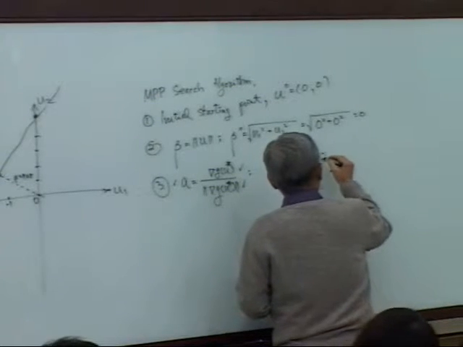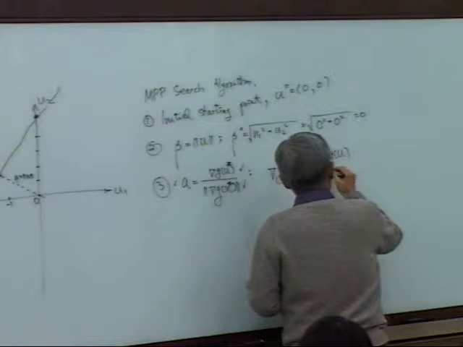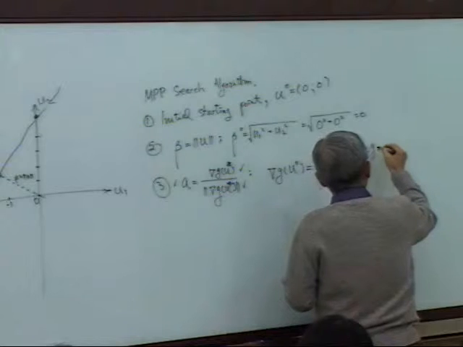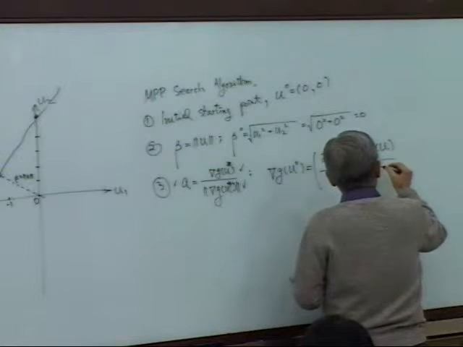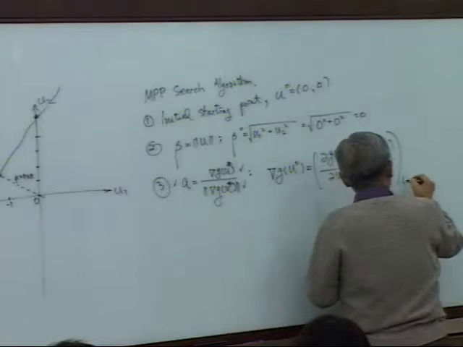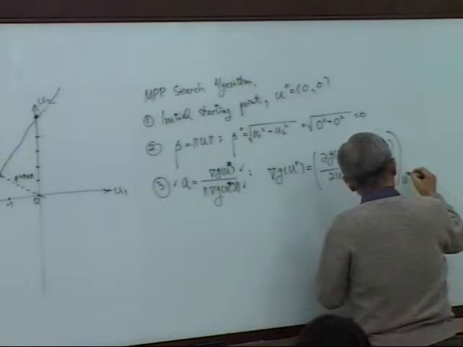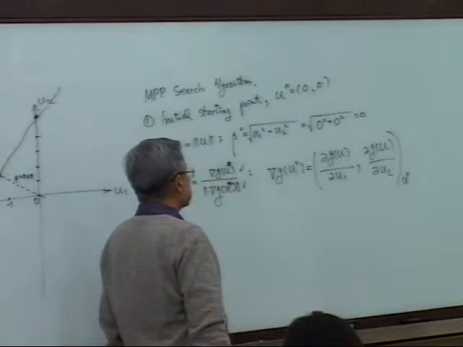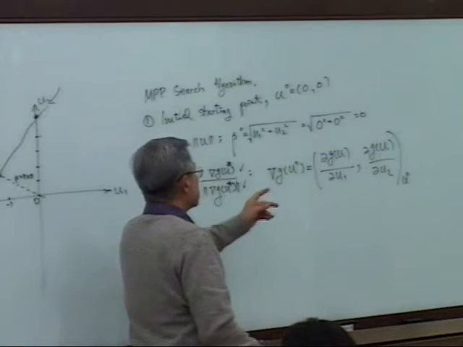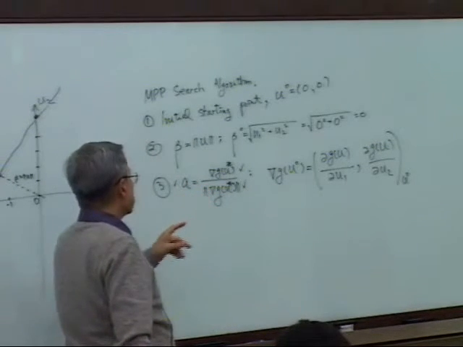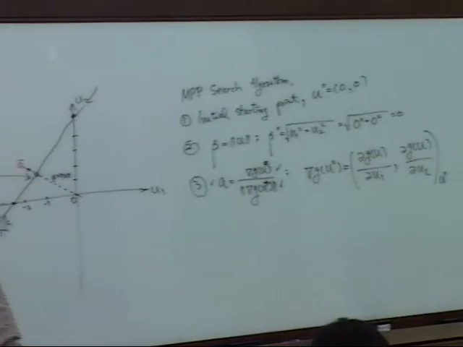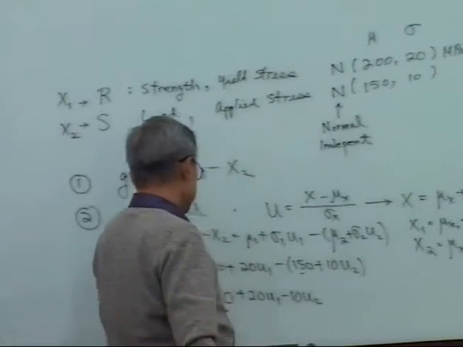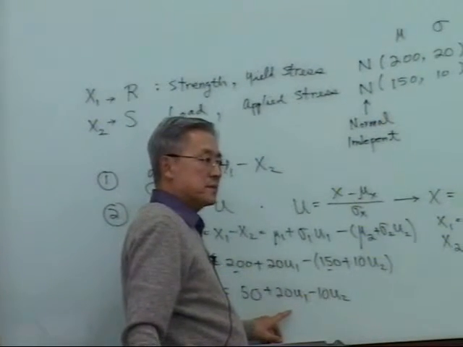This gradient is del G over del u1, del G over del u2, evaluated at u naught. Del G over del u1, what's the value?